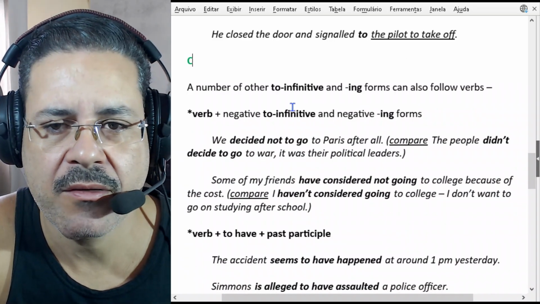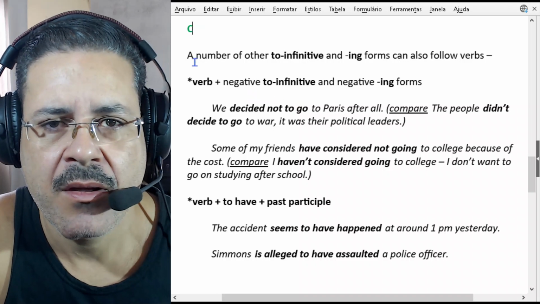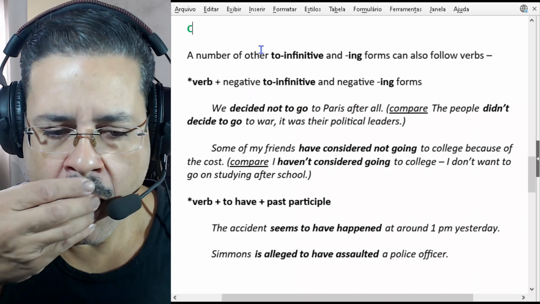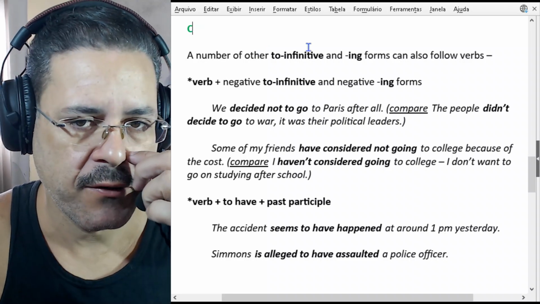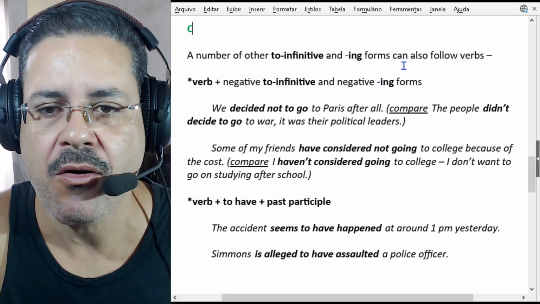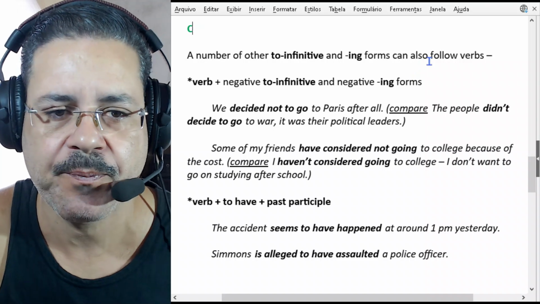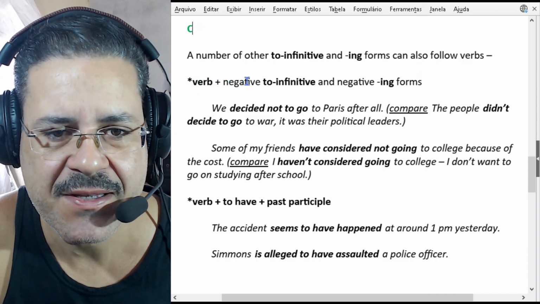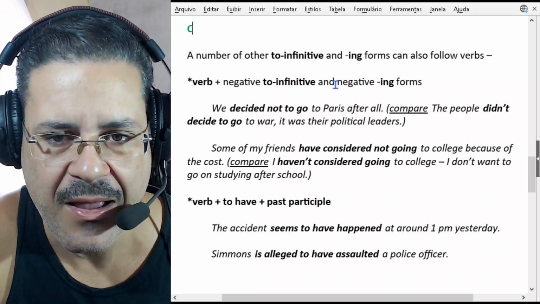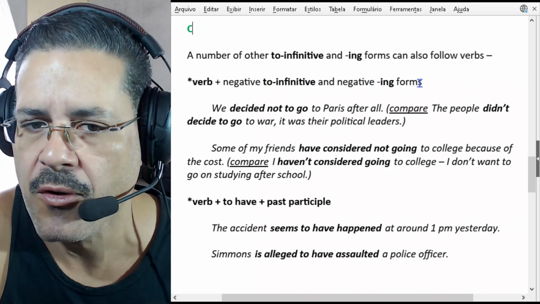Okay, moving on now to section C. A number of other to infinitive and ing forms can also follow verbs. For example, we've got verb plus negative to infinitive and negative ing forms.